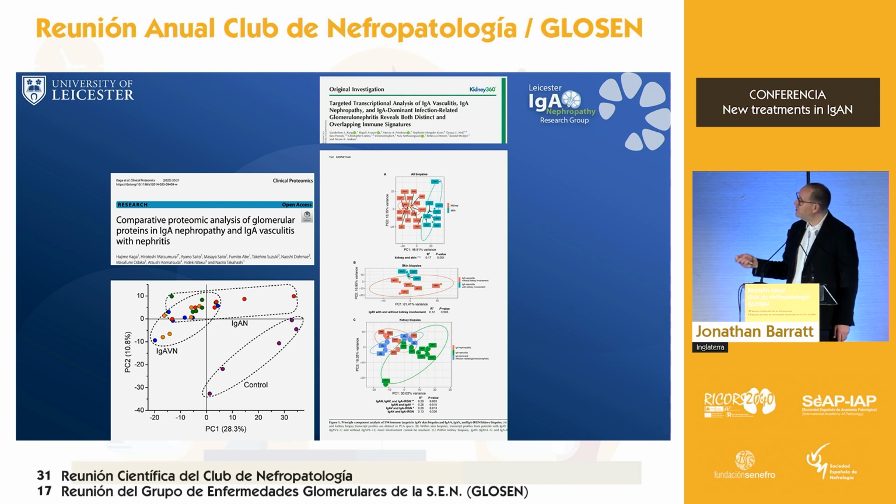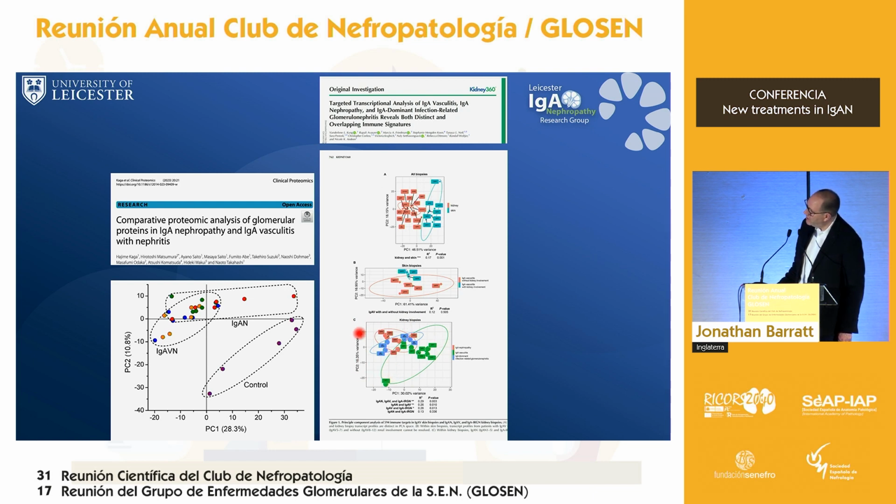And if we move next to this study of transcriptomics, again looking at IgA vasculitis and IgA nephropathy, but this time also IgA-dominant infectious, post-infectious GN, I just want you to concentrate here. You can see there are clear separations in terms of the different groups.